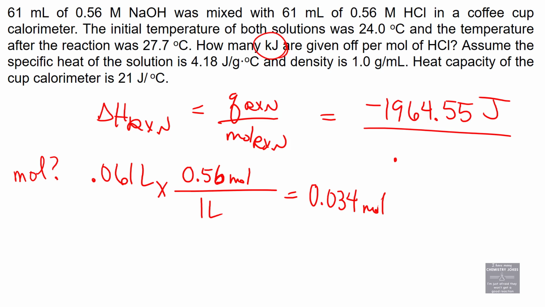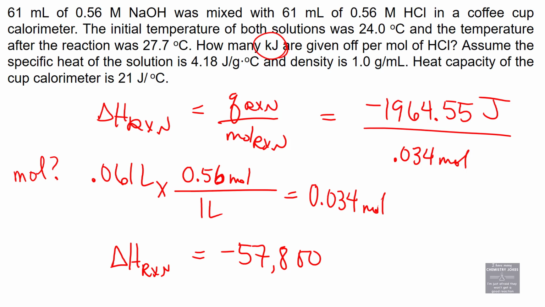So I divide by 0.034 moles, and I get delta H of the reaction is equal to negative 57,000 joules per mole. But it said kilojoules per mole, so that turns into negative 57.8 kilojoules per mole.